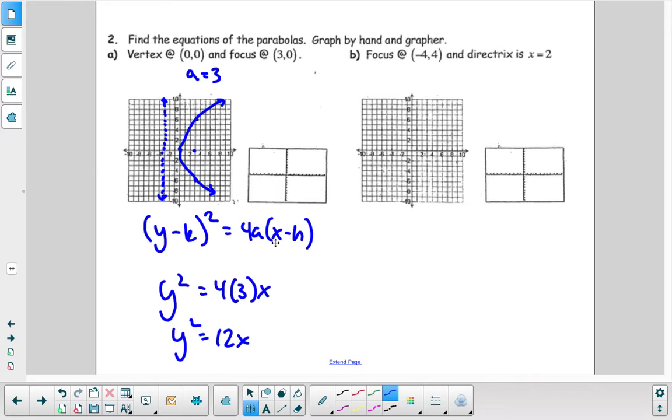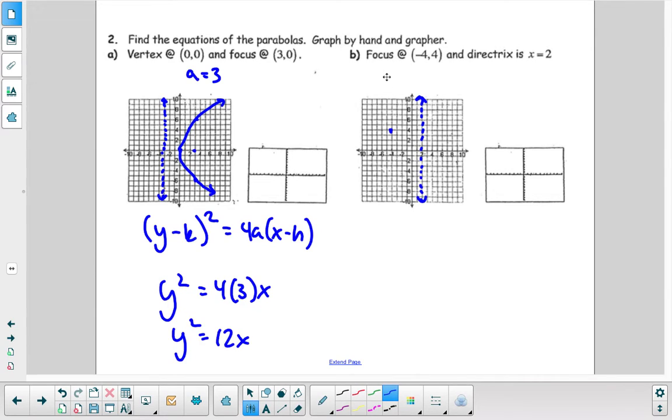Okay, moving on. So the focus is negative 4, 4. I'm going to plot that, negative 4, 4. The directrix is 2. And we go from there. Okay, so what do we know?